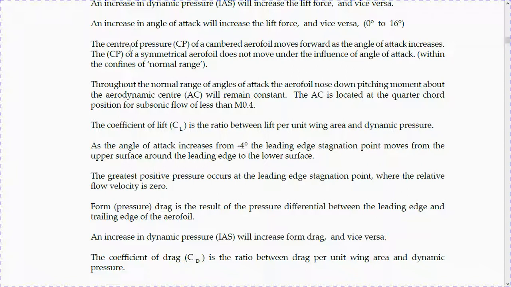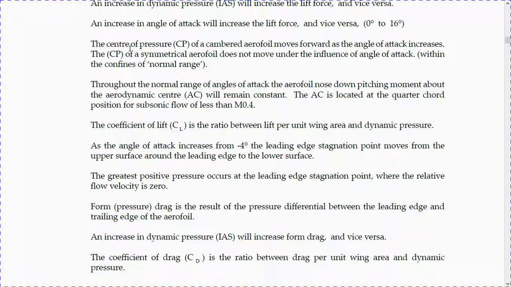The aerodynamic center is located at the quarter chord position for subsonic flow, 25% of the chord from the leading edge, at less than Mach 0.4. The coefficient of lift is the ratio between lift per unit wing area and dynamic pressure. So it's the ratio between lift divided by the wing area and the dynamic pressure.